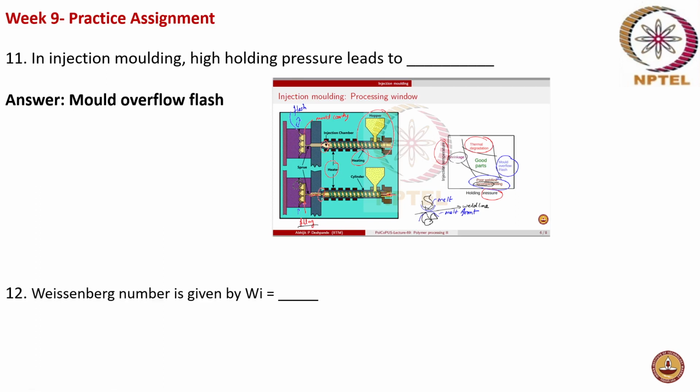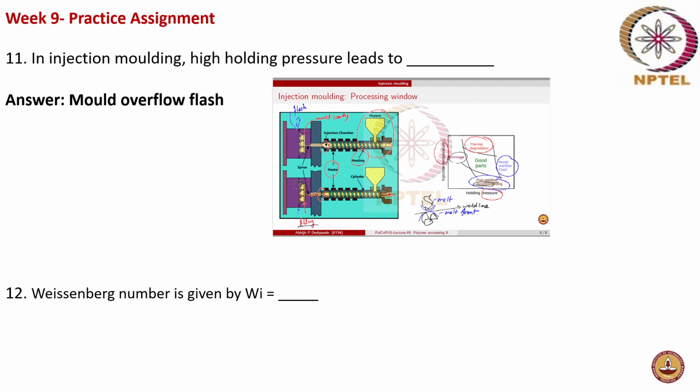The final question: Weissenberg number is a dimensionless number and it is very important in polymer processing. How do you define this Weissenberg number? Any idea?